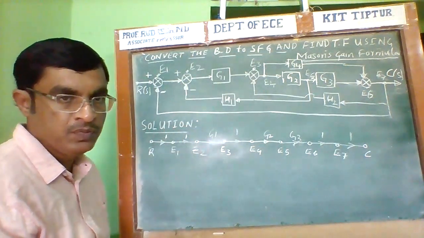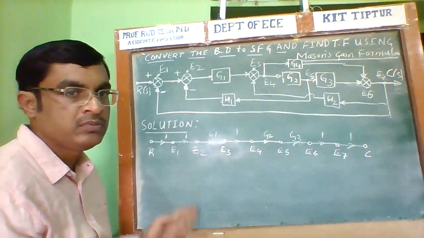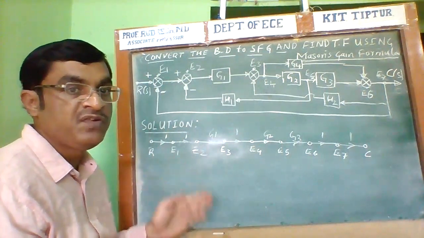The next step is to identify the feed forward paths between the various nodes from the block diagram. Now, what is a feed forward path?